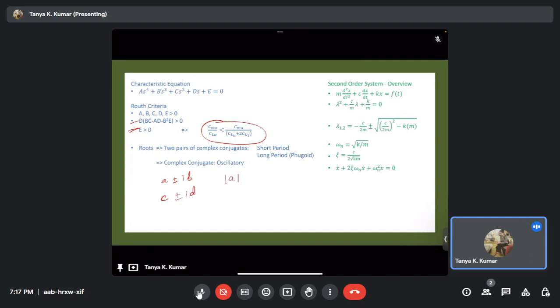Now, if the magnitude of A is greater than the magnitude of C, which pair of roots corresponds to the short period, and which pair corresponds to the long period?